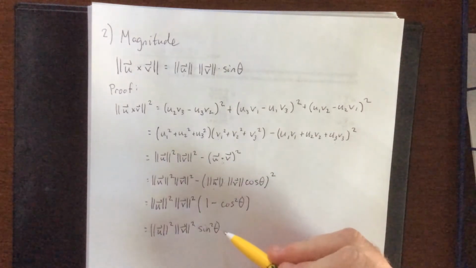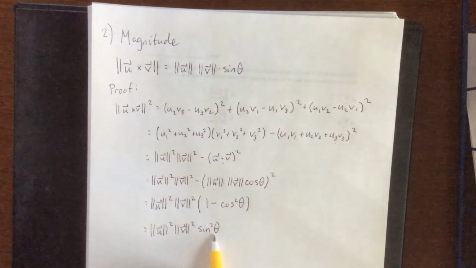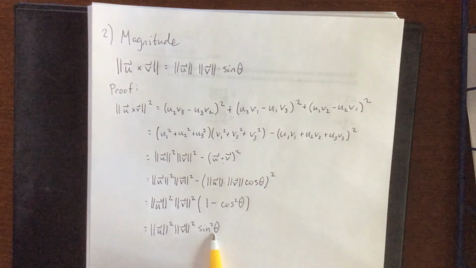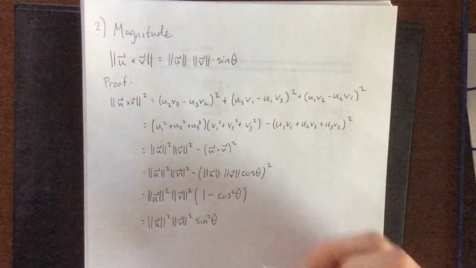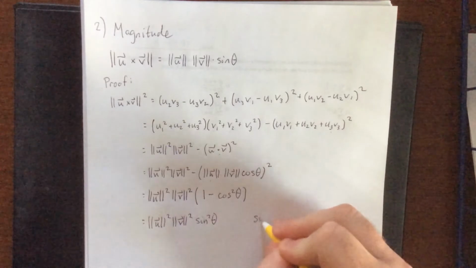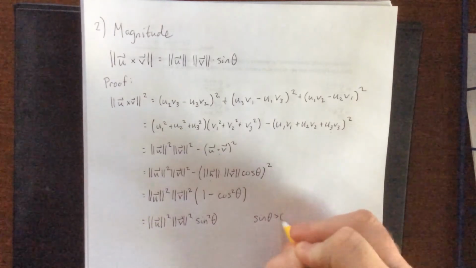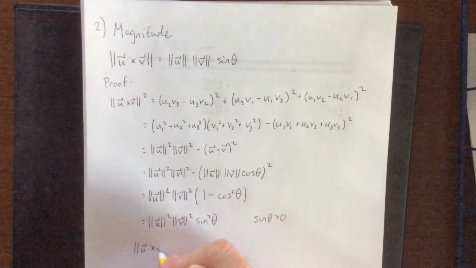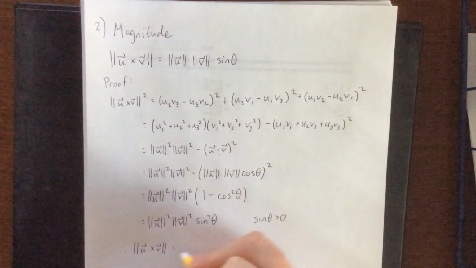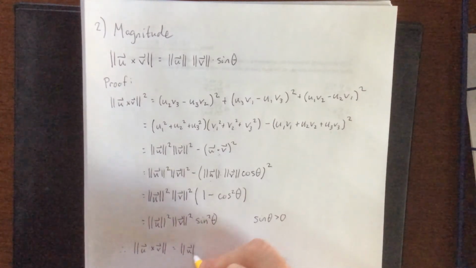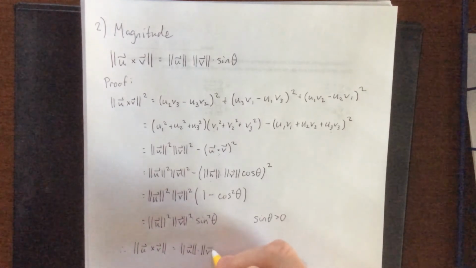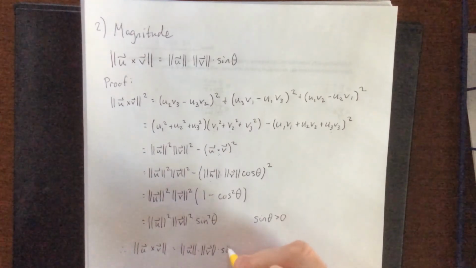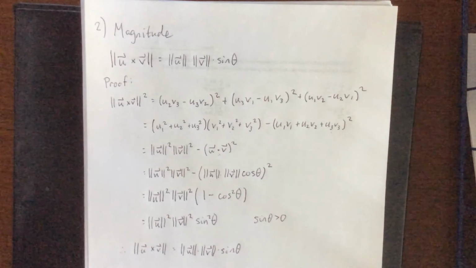That makes theta either a quadrant 1 or quadrant 2 angle according to unit circle trigonometry. Therefore, we know that the sine of theta is guaranteed to be greater than 0. So we can arrive at our big important conclusion: take the square root of both sides, no need for a plus or minus sign, and we simply get this.